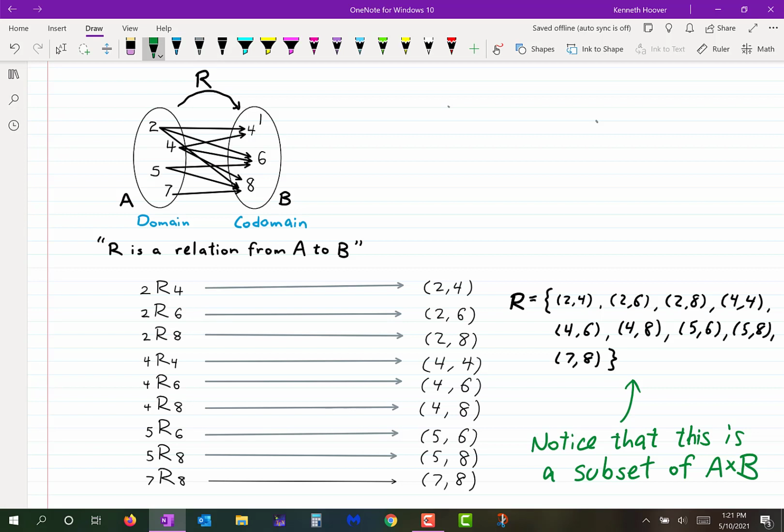Every relation from a set A to a set B can be represented by a subset of A cross B.